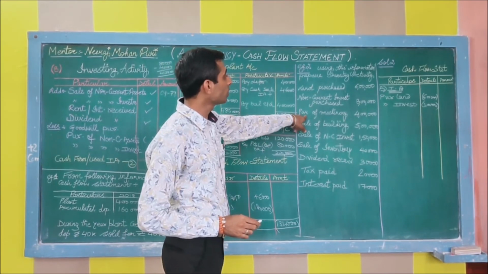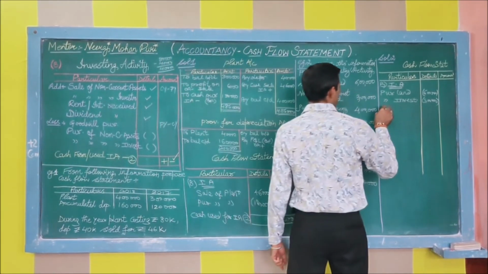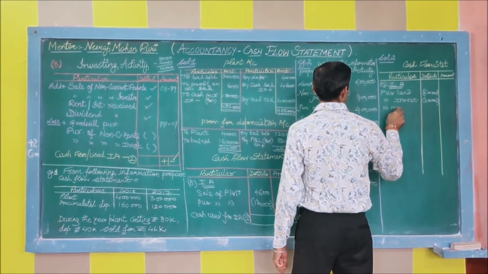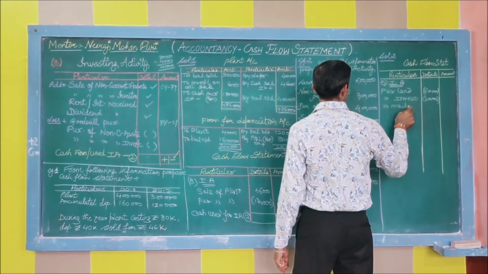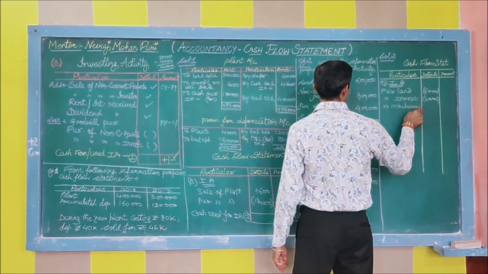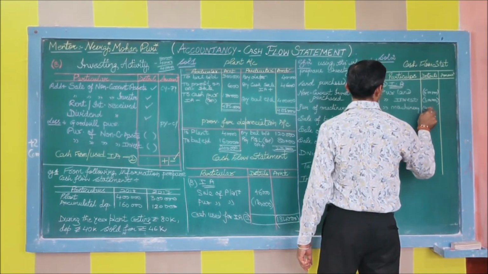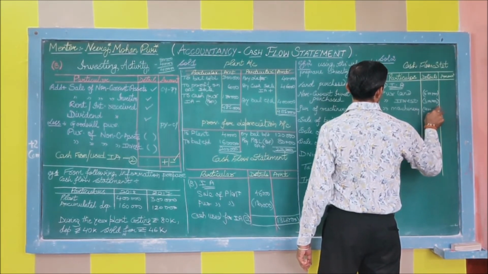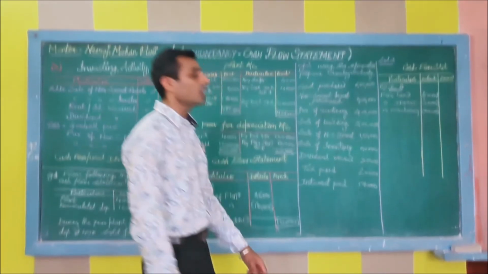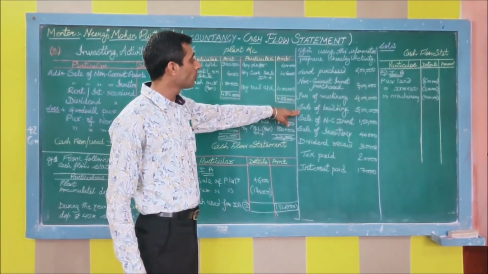Next is purchase of machinery. One more fixed asset is purchase of machinery. Machinery is a fixed asset. Therefore, 4 lakh negative. This will also be shown here. This is also an outflow. जितने भी fixed assets आप purchase करोगे outflow होगा.